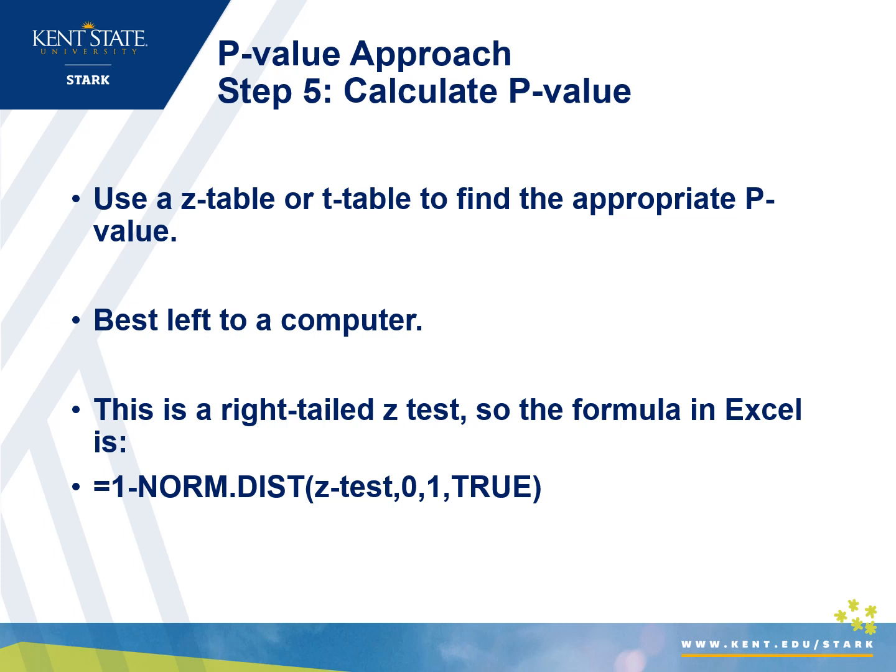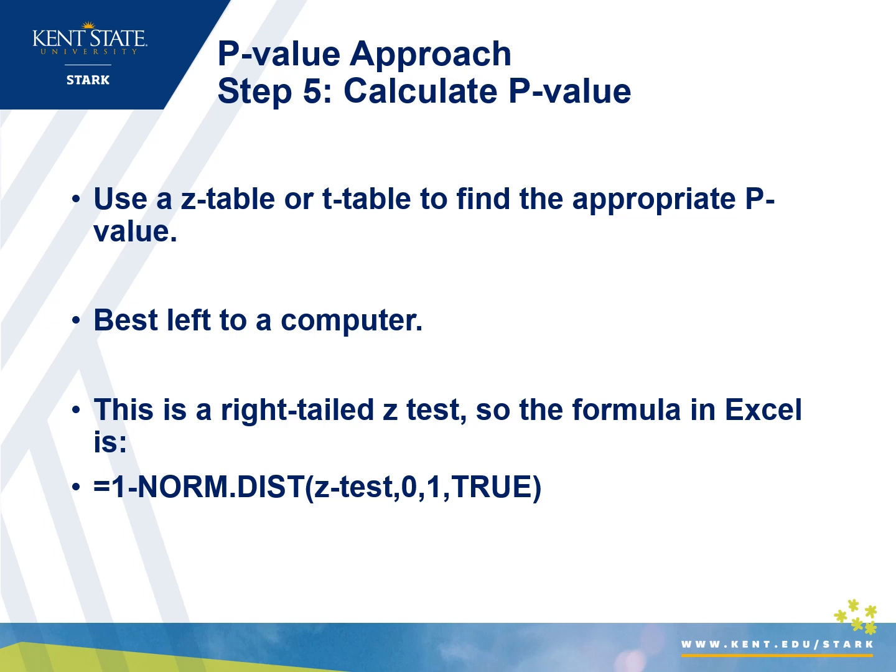Before I move on, a quick note on the norm.dist function and what it does. This returns the probability of getting a value less than the z-test in a standard normal distribution, with a mean of 0 and a standard deviation of 1. That's why the 0 and 1 are in the function. It indicates the mean of 0, standard deviation of 1.